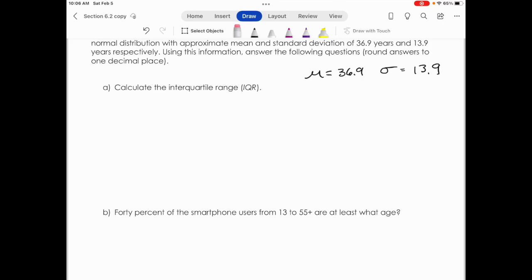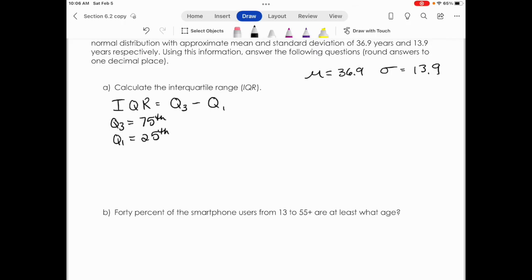So in order to calculate the interquartile range, we have to find the value of Q3 and subtract Q1. Now we know that Q3 is the 75th percentile, and we know that Q1 is the 25th percentile.